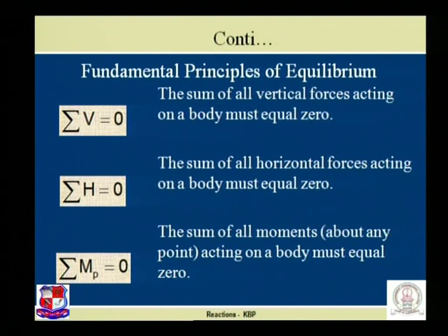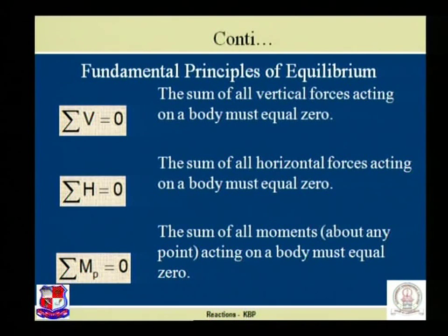We have already studied the principles of equilibrium. First, sigma V is equal to 0. Sigma is the symbol of summation, and V is the vertical forces. So the summation of all the vertical forces or components of vertical forces acting on a body must be equal to 0.